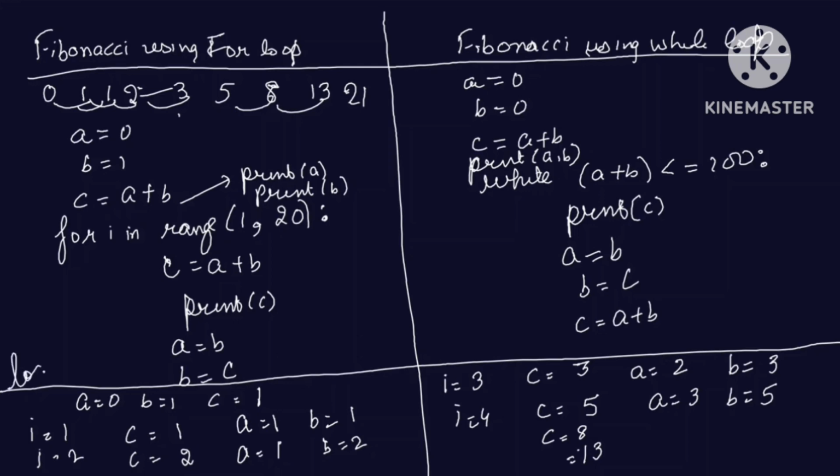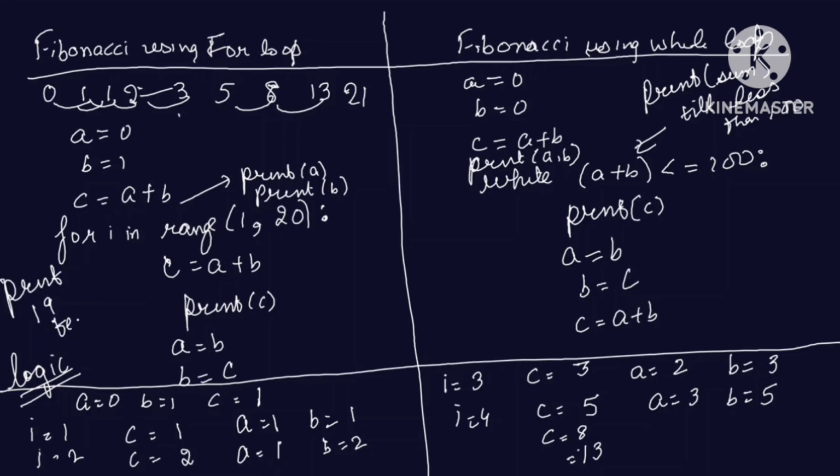Next 8 plus 5 is 13, 13 plus 8 is 21. Like that we can print the Fibonacci series. So in the for loop we have printed 19 terms of the Fibonacci series. In the while loop, we have printed the sum till the value is less than or equal to 100.